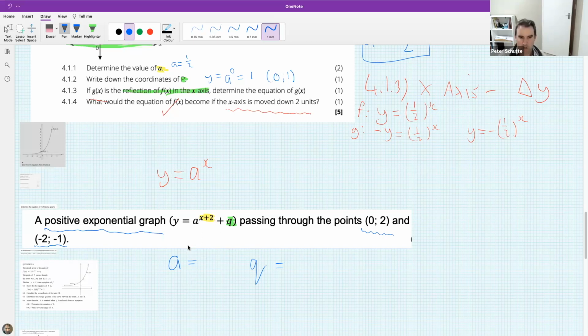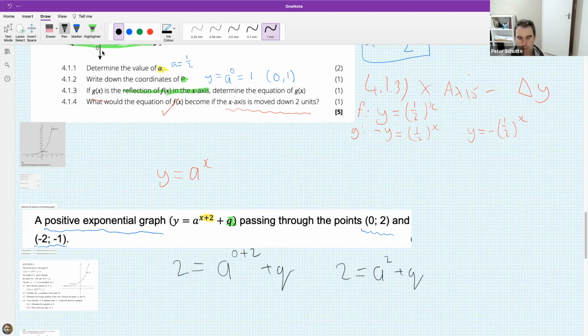Let's go with it, because most people have said that they would go with that. But let's have a look. If I put 0, 2, I get 2 equals a to the 0, but now I've got a plus q, which means 2 is equal to a squared plus q.